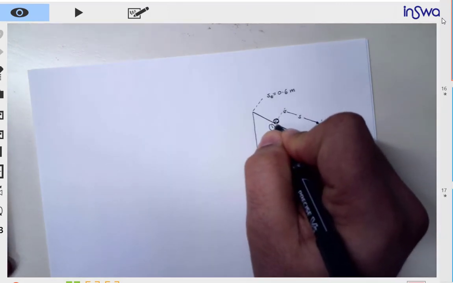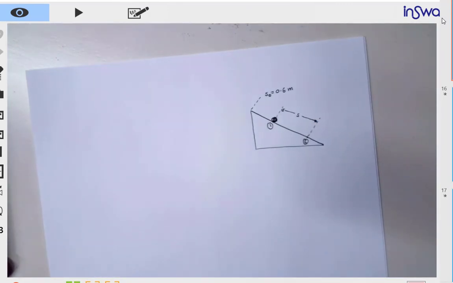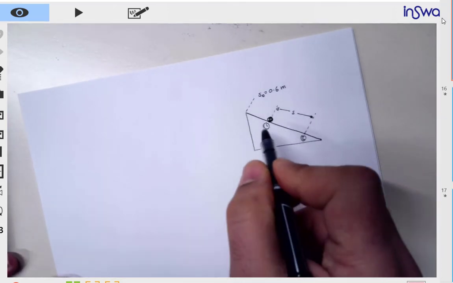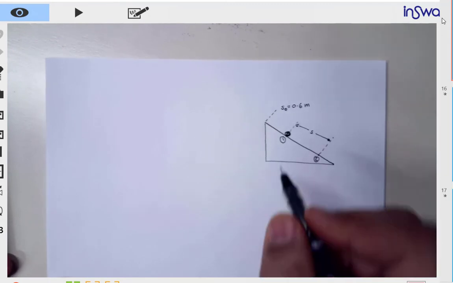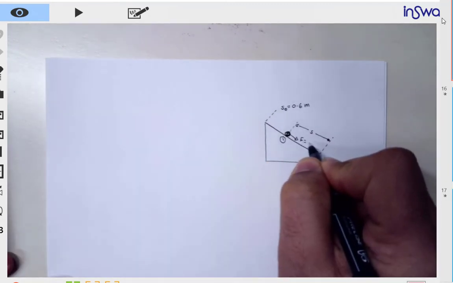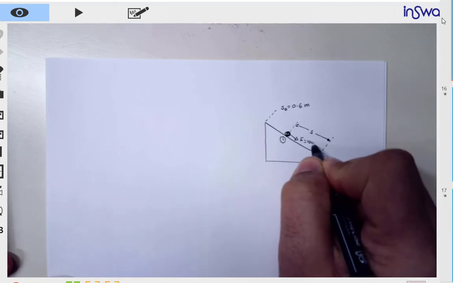This particle, over here at state 1, has several forces, including the external force, which is equal to 100.